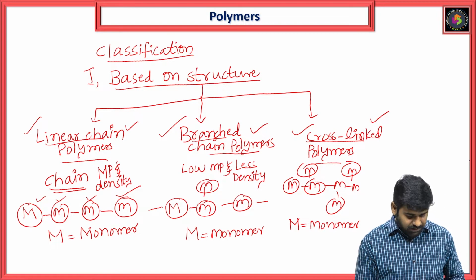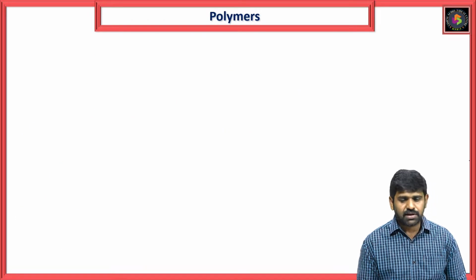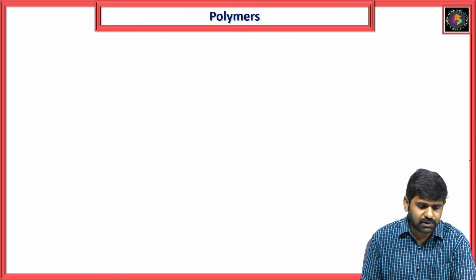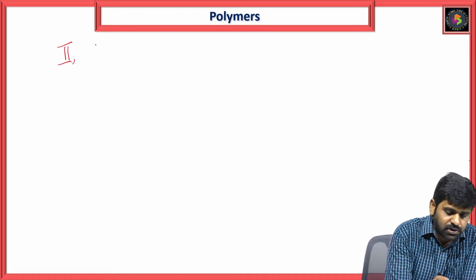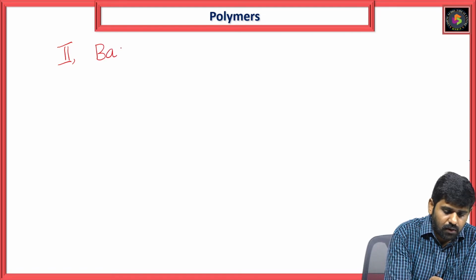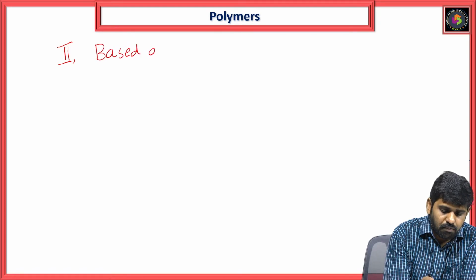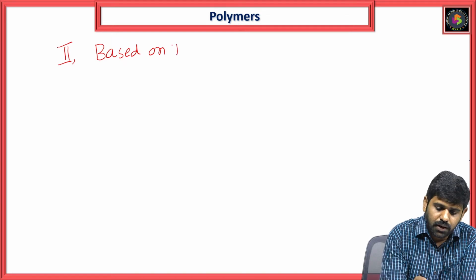Next, classification number 2, that is based on types of monomers.